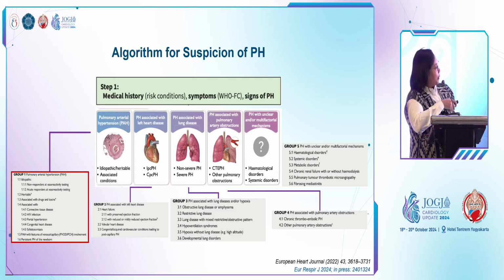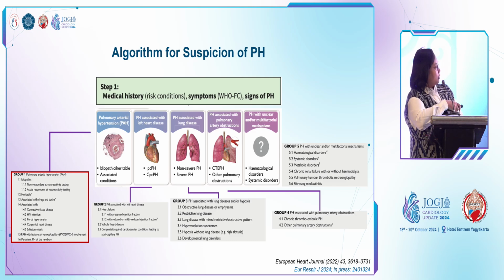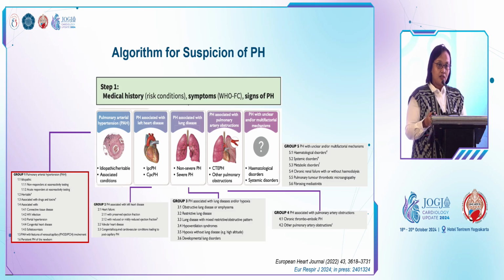When you see a patient with connective tissue disease, HIV, portal hypertension, congenital heart disease, or even schistosomiasis, and they come with shortness of breath, then you have to think that pulmonary arterial hypertension is one of the differential diagnoses that you have to look for intentionally. Patients with venous or capillary involvement are quite difficult as well. And when you see a newborn with signs of pulmonary hypertension, then you have to think about PH.